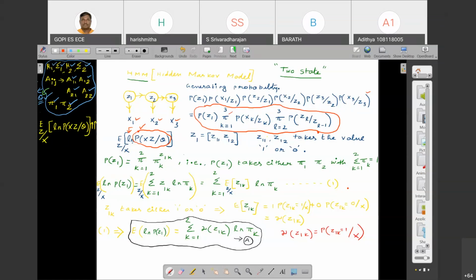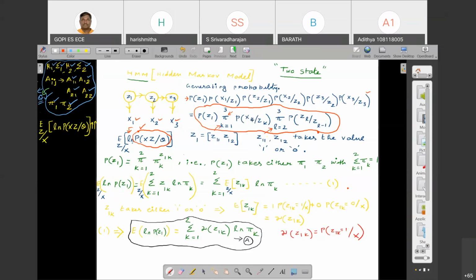This pi is the product. Z2 given Z1 is written as ZL given ZL minus 1, where L equals 2 to 3. This expression is written by introducing variables called K and L. Nothing else, it's a very simple thing.